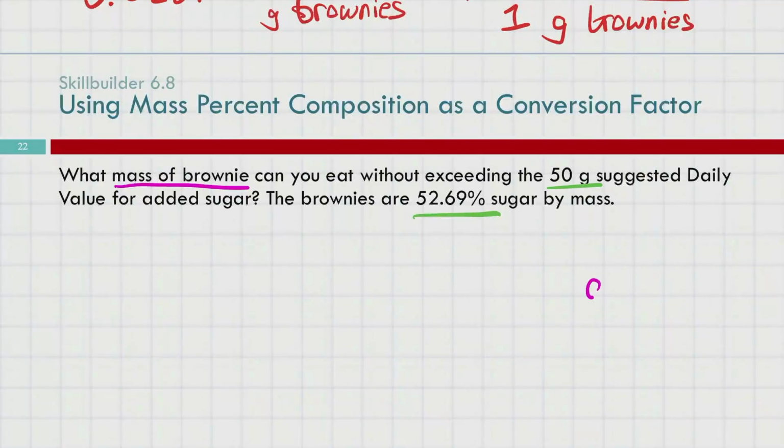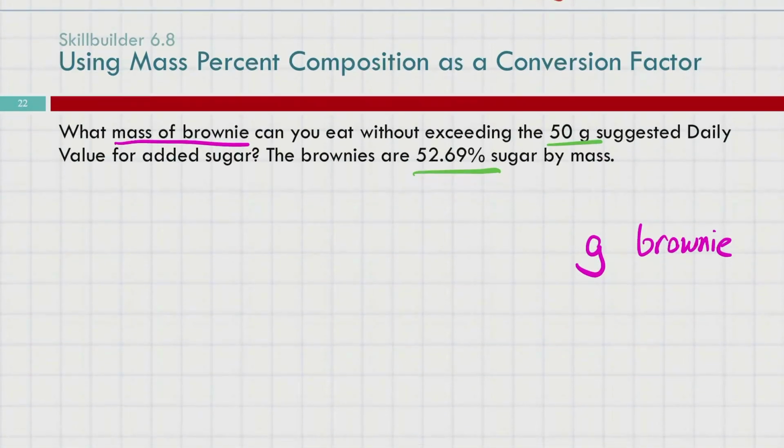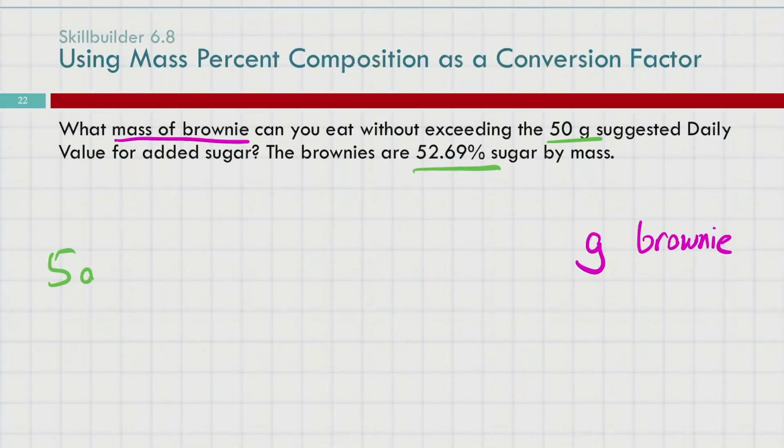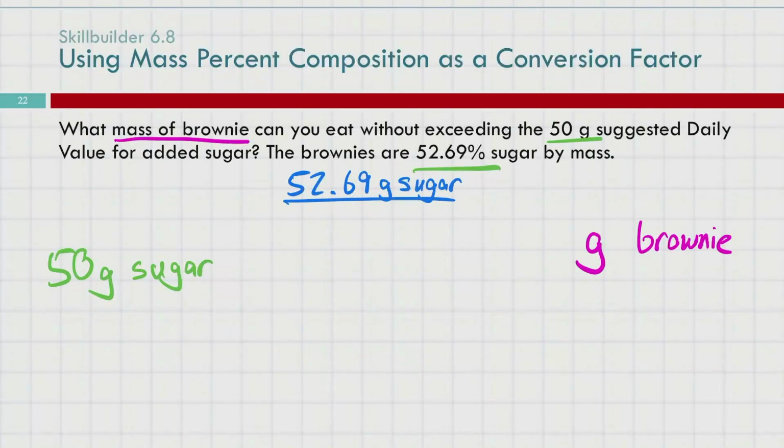So we're trying to find grams of brownie from 50 grams sugar. In 100 grams of brownies, we're going to have 52.69 grams of sugar. That's the conversion factor that we came up with previously.